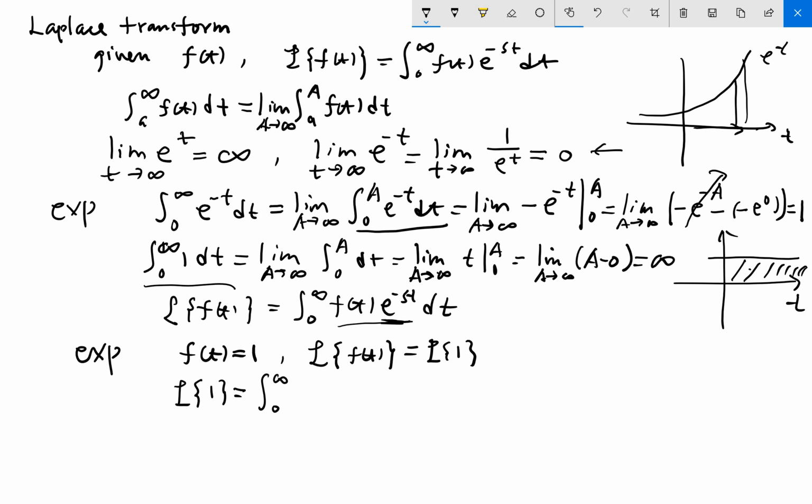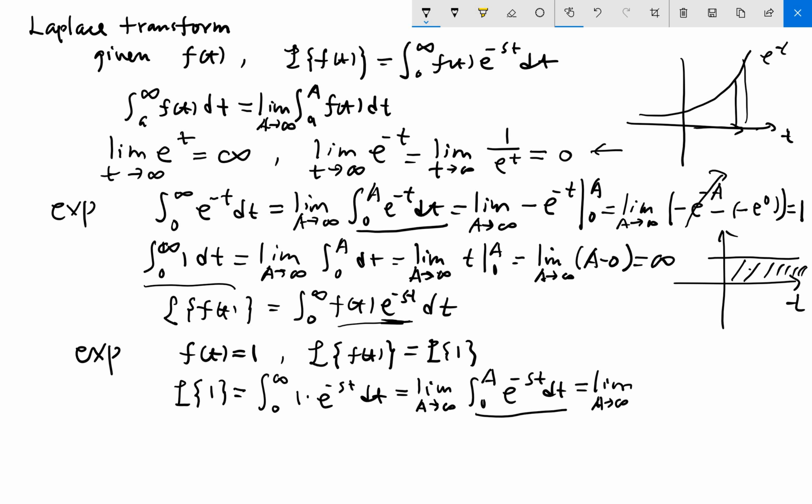Replace f(t) by 1: the integral from 0 to infinity of 1 times e to the negative st dt. This improper integral by definition is equal to the limit as a goes to infinity of the integral from 0 to a of e to the negative st dt. This is a proper integral.